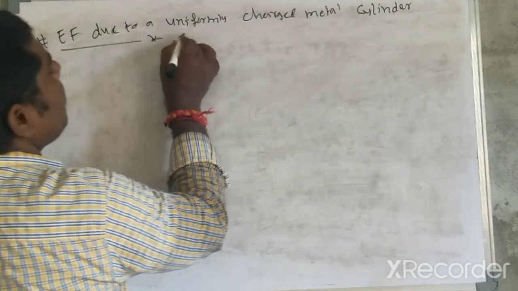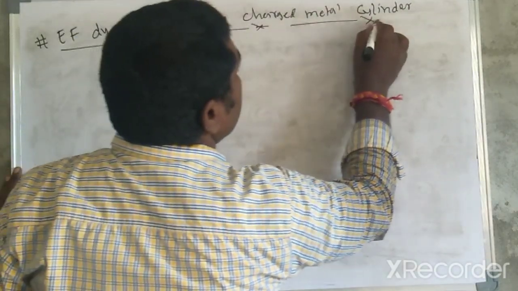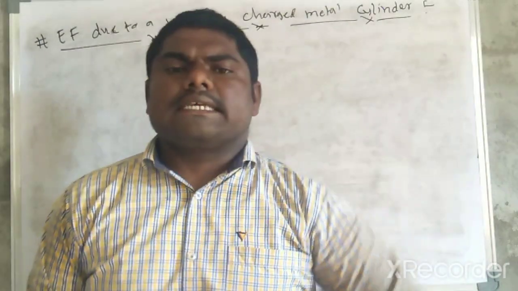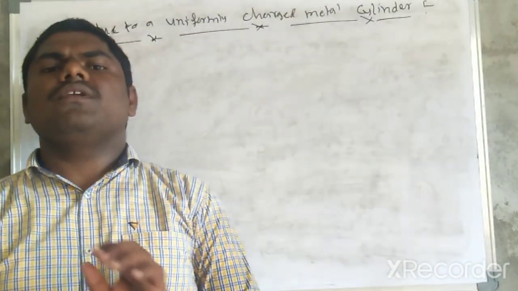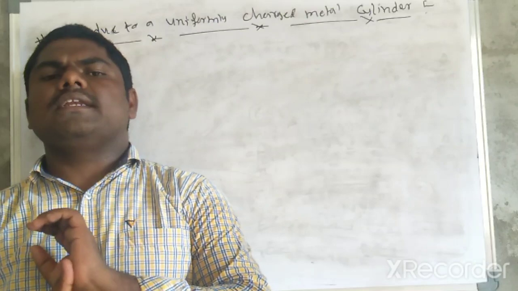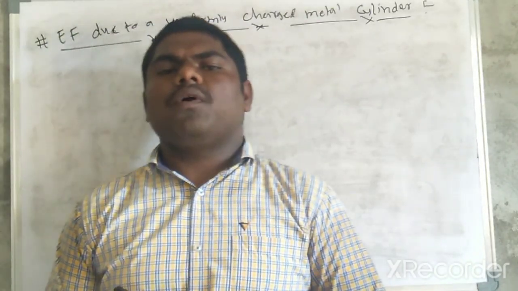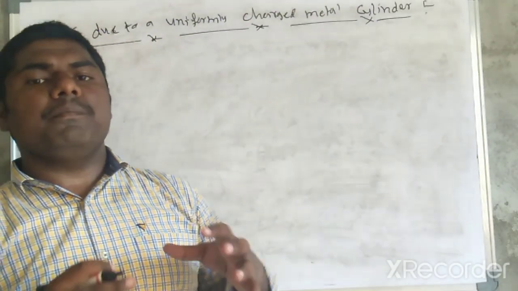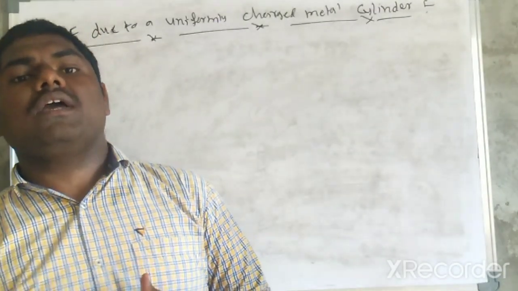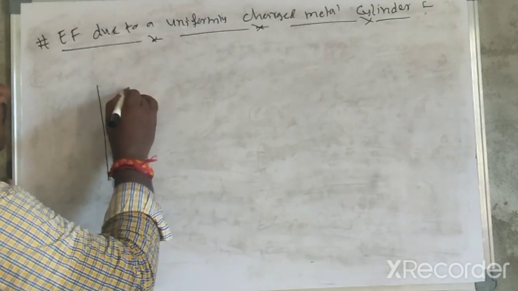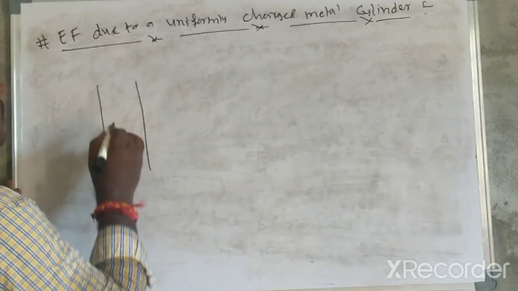So here also uniformly charged. Let us discuss the electric field due to a uniformly charged metal cylinder. Here specifically we will talk about a very long metal cylinder. Let us consider this a very long metal cylinder.